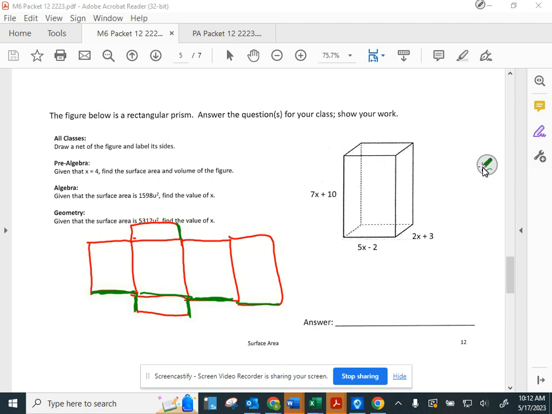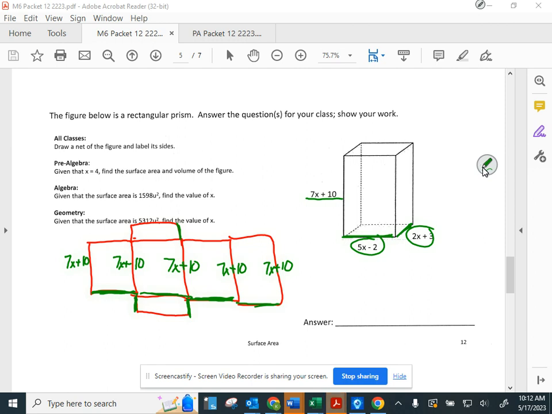Because what's happening is people are saying, okay, 7x plus 10, that I know goes right here, and we get that figured out. But then we're saying all of these are the same size. But are they? No. There are 2 different sizes here.